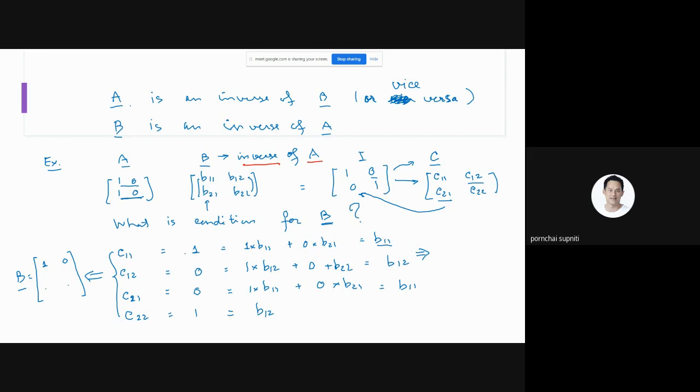So the first line says that B11 is 1, and B11 is also 0, and B12 also has 2 possibilities, right?